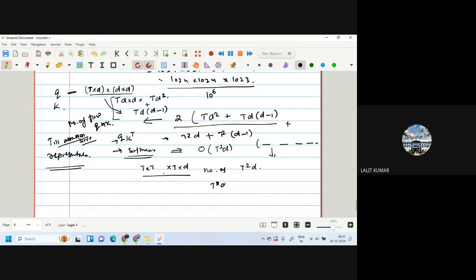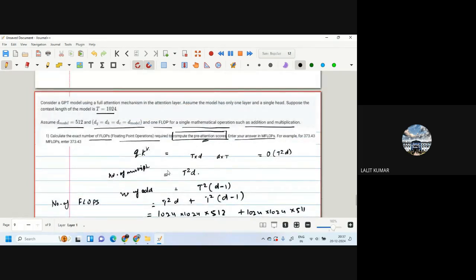Sorry, T into D into T minus 1. So if you want to calculate for the entire thing, these are the components for that. But in this question, they had asked only about the attention score. I just wanted to extrapolate on that.